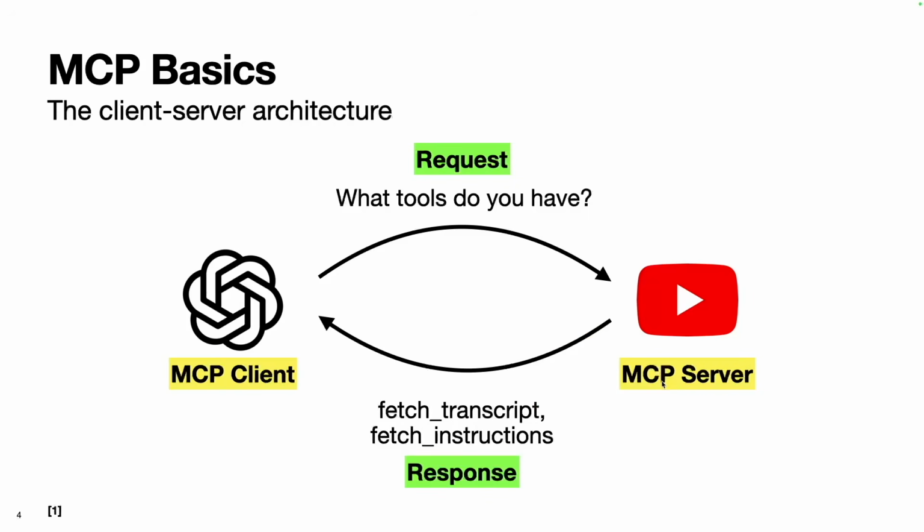And then the server will send back a response listing all of its available tools. This is the basic communication protocol that allows ChatGPT to access, say, a custom MCP server that gives it access to a set of tools. And then if ChatGPT wants to use one of these tools, it can send a request in a particular format, and then the MCP server will execute that tool call and send back the output.